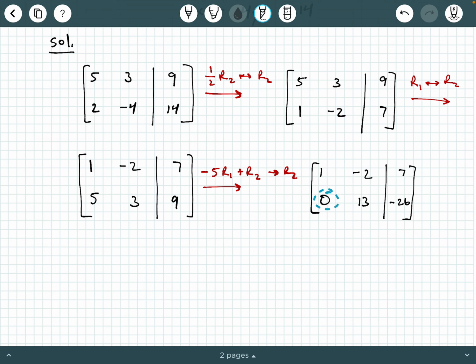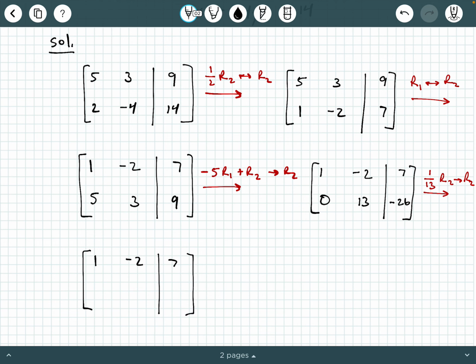Is this row echelon form yet? No, we still have a 13 lingering here. So how about we perform another elementary row operation and we say 1/13 row 2 to change row 2. So all we do is we're multiplying row 2 by a non-zero constant. Notice we are not doing anything with row 1 here.